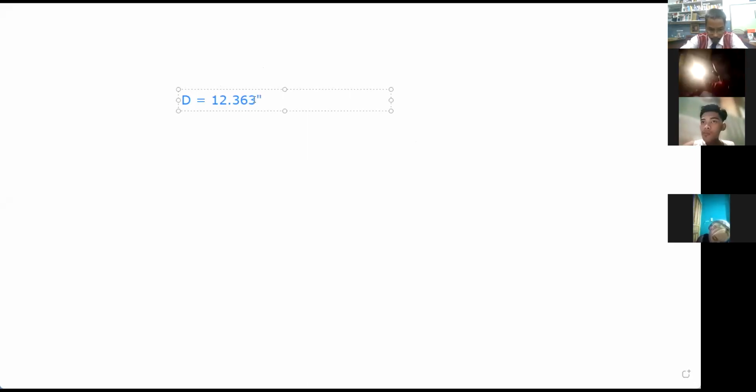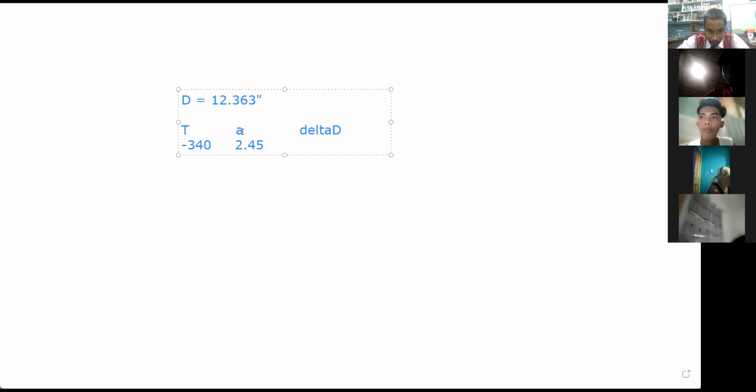And we have what? What is in our table? Temperature, and alpha and delta D. So we have what? Negative 340. Our alpha is what? 2.45. Let us put the 10 raised to the exponent negative 6.